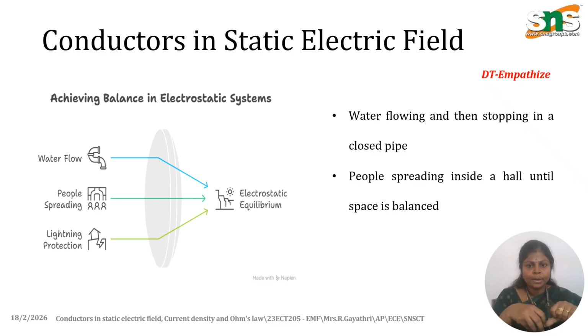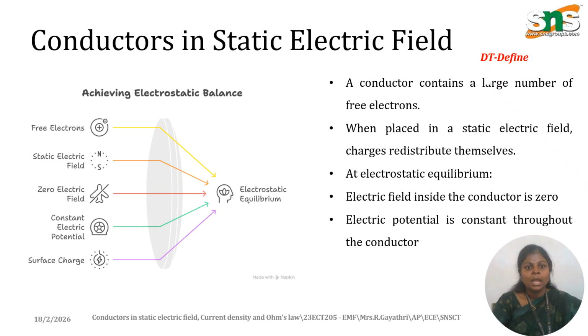When a pipe is open, the water will be flowing. When the pipe is closed, then the water will be stopped. Lightning protection will also be maintained in the equilibrium conditions.